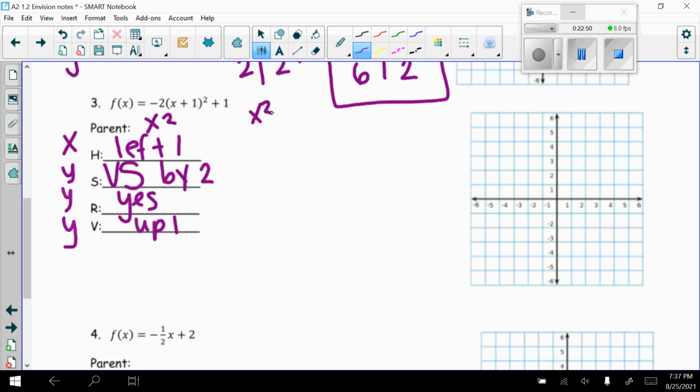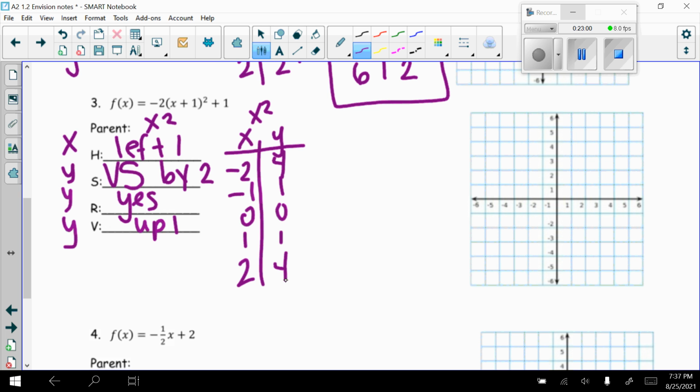So again, xy table of our parent: -2, -1, 0, 1, and 2; -2 squared, 4, 1, 0, 1, 4. My new xy table. The left one is the only thing that affects the x. It was x plus 1 in parentheses. It always comes out opposite. So in my table, it's x minus 1.